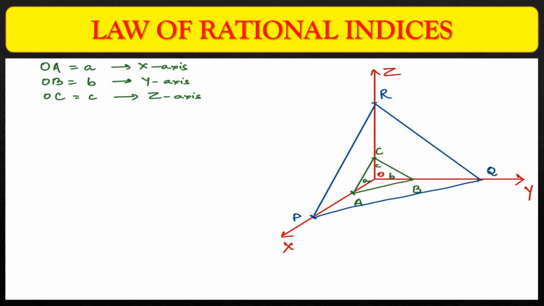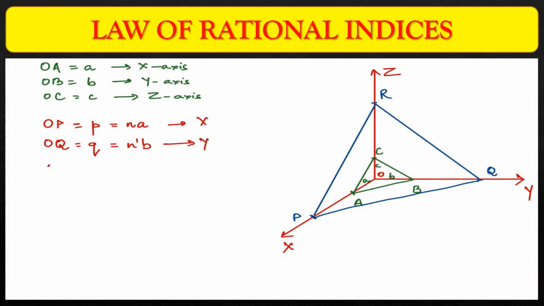So now let us consider that this plane PQR makes the intercept OP along the x-axis. Suppose it is equal to small p, and this is equal to some whole number multiple of the unit plane intercept A, that is n times A, along the x-axis. Similarly, along the y-axis, the intercept is OQ. Let it be equal to small q, and it be equal to n prime times the intercept made by the unit plane ABC along the y-axis.